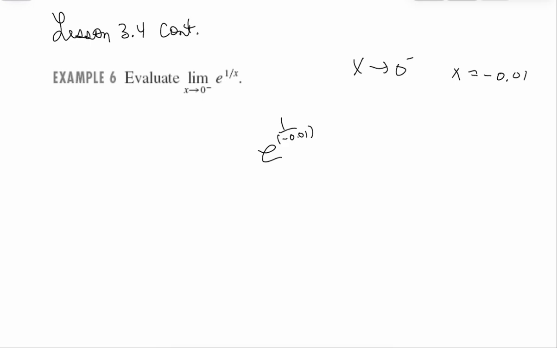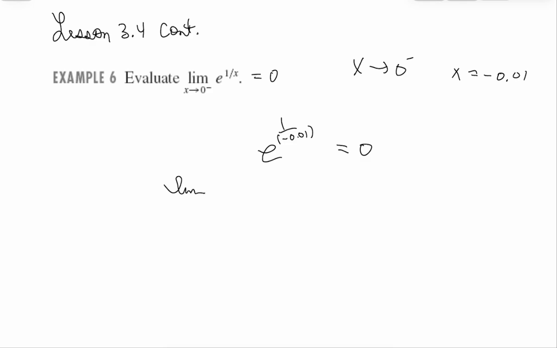My calculator has so many decimal places that it just calls this 0. It's such a small number that it just recognizes it heads to 0. So this limit is 0 from the left.